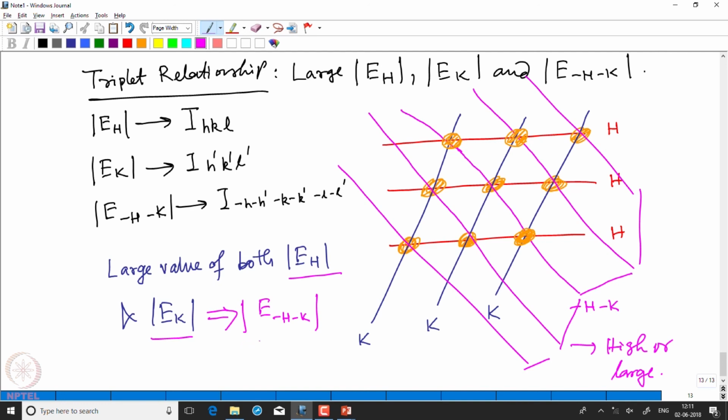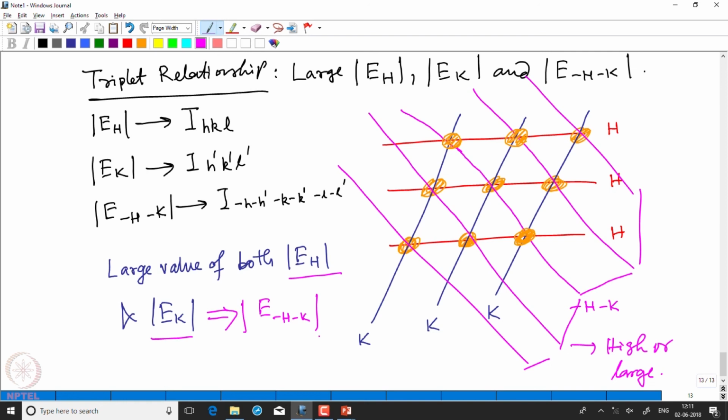So this also represents a situation where by observing two different reflections of different HKLs, one can then say that a third reflection will also have a very high value of E, and if the phases of EH and EK are same, the phase of E minus H minus K will also be the same.